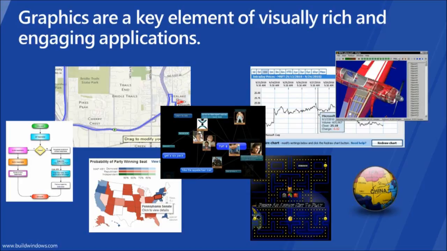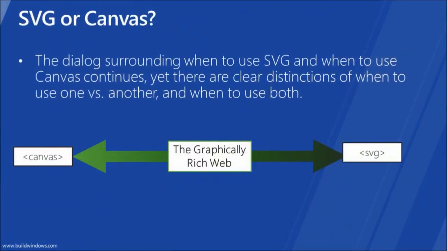Last year I talked about a spectrum of Canvas to SVG and where things lie on it. And I found a lot of mixed scenarios in there. And so what I'm trying to find now is, maybe it's not just one scenario for graphs. Maybe it's not just one scenario for gaming. Maybe there's this graphically rich web that spans this spectrum, and it's really maybe a spectrum we should stop thinking about.